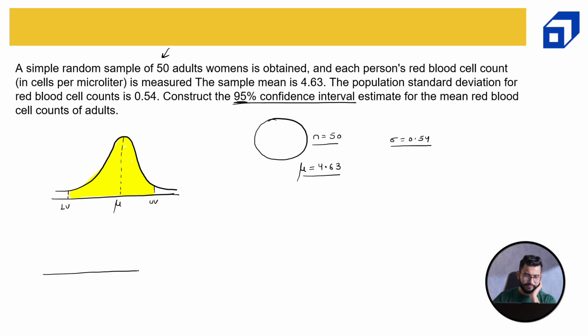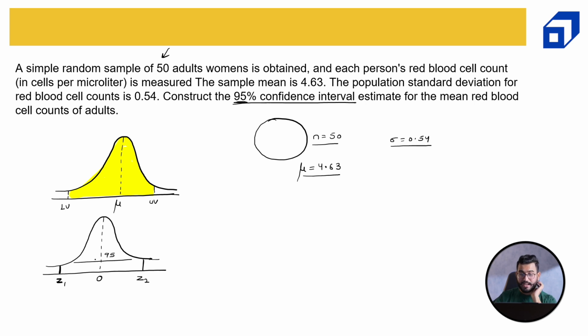Assume this is my standard normal distribution with mean 0, and I have to find the z value over here and the z value over here, Z1 and Z2, such that between Z1 and Z2 the area is 95%.